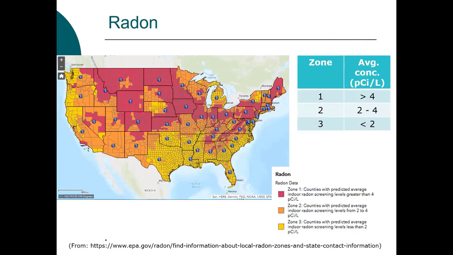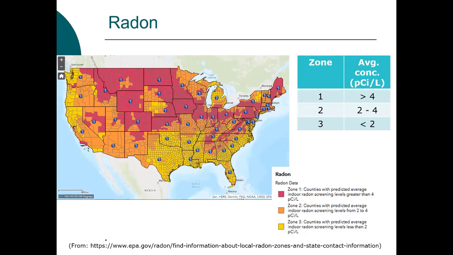To give you a sense of the importance of this issue, at concentrations greater than 4 picocuries per liter, EPA recommends that some mitigation activity be accomplished in order to reduce the radon levels in the indoor air. And you can see there's a significant portion of the US that is bright red.